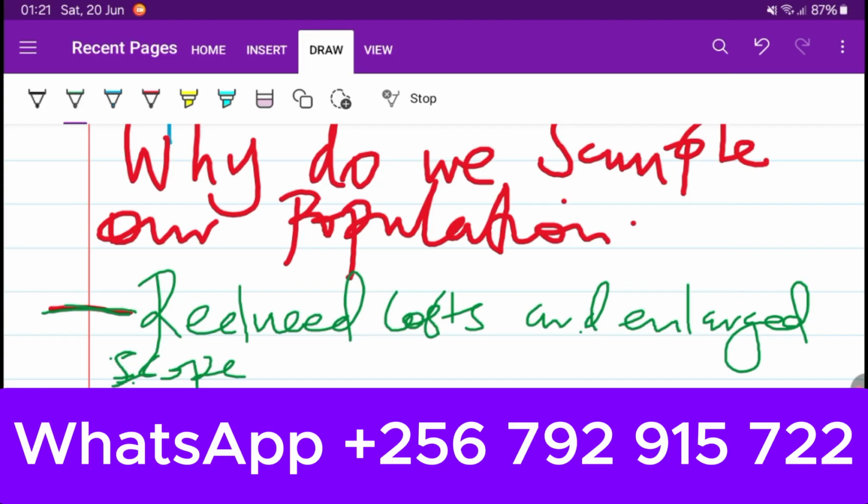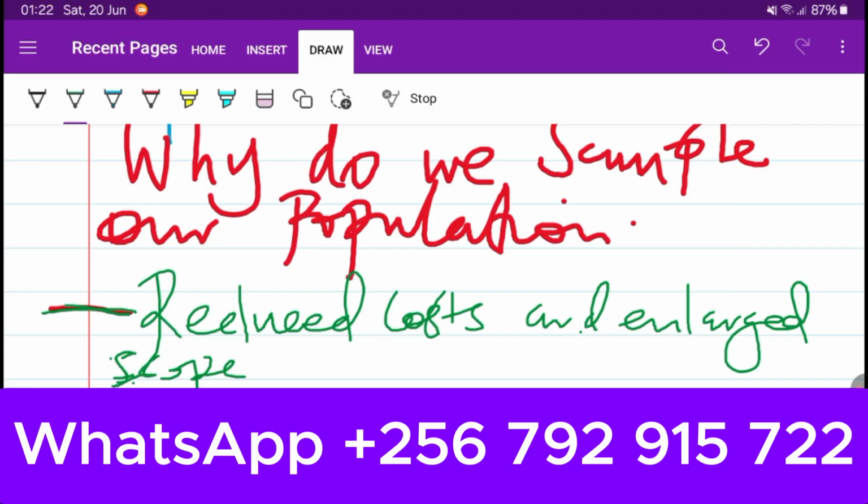You'll find that I have interviewed the whole of East Africa, but I have just picked samples from each of the countries, which costs me less than if I were to interview every person within East Africa. So that's the reduction in costs and the enlarged scope that we are talking about here.